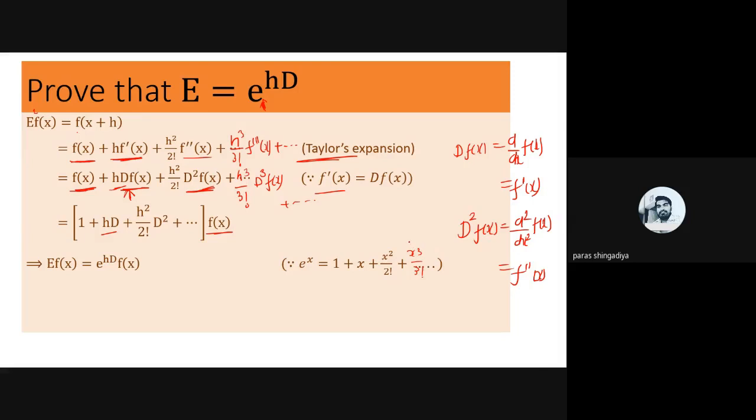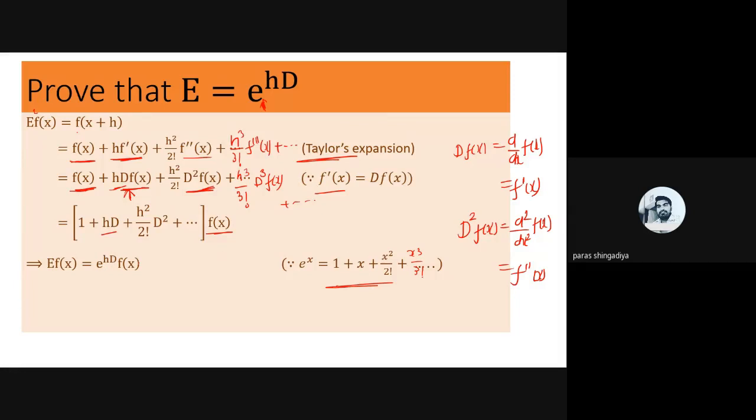It is the expansion of e raised to x. That is one result we have in mathematics. So we are using this result to create the e raised to hD form.